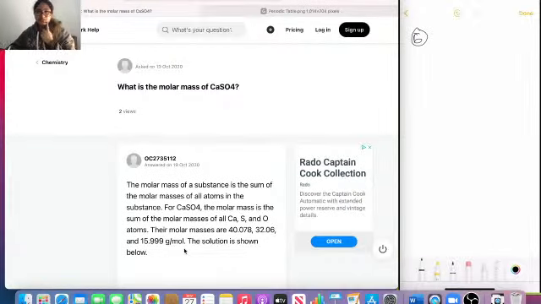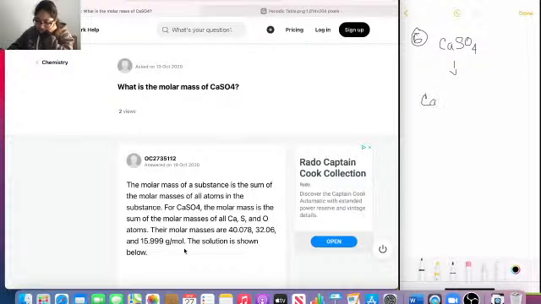Okay, so our next question says, what is the molar mass of calcium sulfate? Let's first address how we got this formula, which is very important when you're dealing with molar mass.